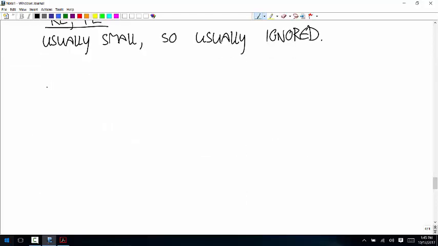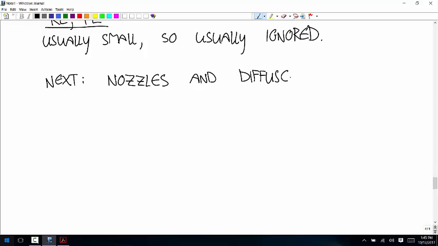And so the next thing we're going to do is finally use this equation on some processes. We're going to do it for material passing through nozzles and diffusers. You can think of those two things as the same thing, just with the material going in the opposite direction.